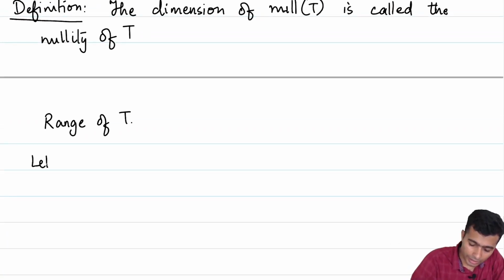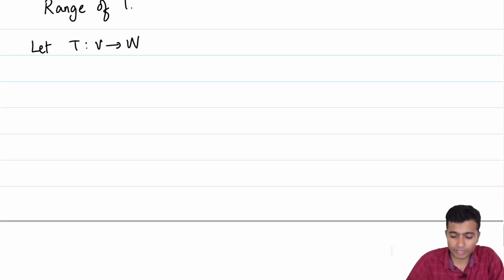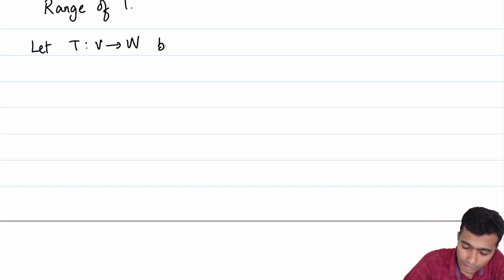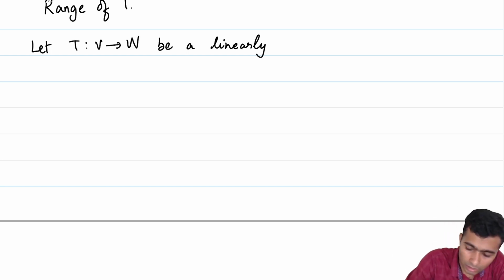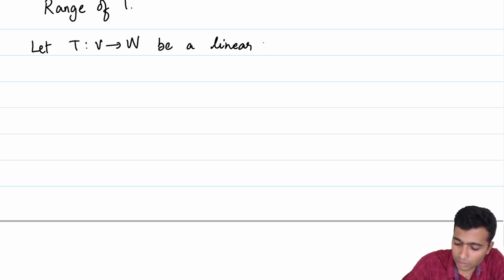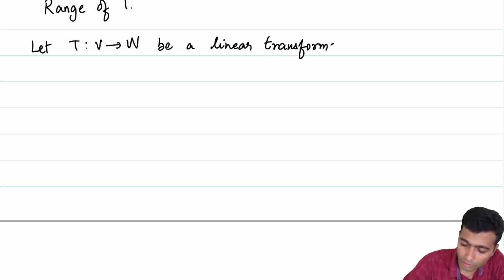So let T from V to W be a linear transformation. Remember here again V and W are arbitrary vector spaces. As the name suggests, we are going to define what the range is.